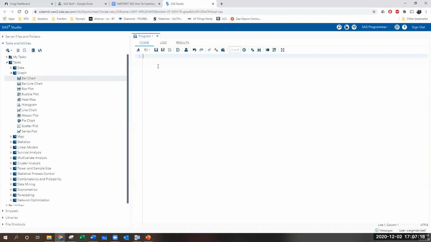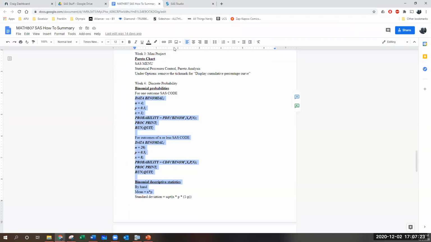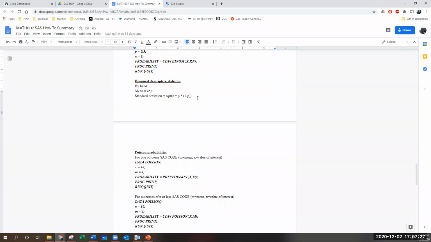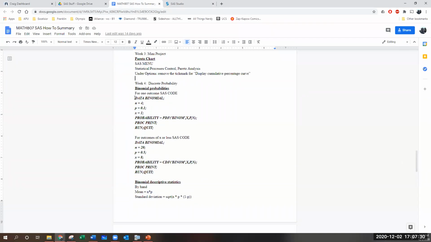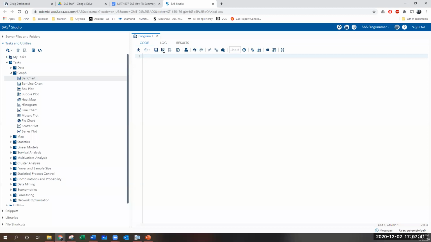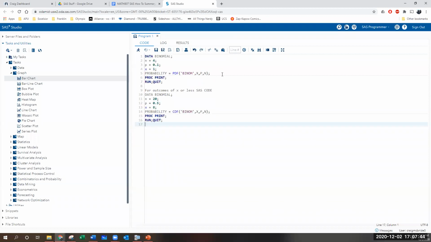So here's a nice fresh code screen. Then if you open up our SAS document and go to this, all you have to do is highlight all of the code, which is the stuff in bold right here that starts at data binomial and ends down here. I just do Control C and put it in here, Control V, and there's my code. Now if I want to run a binomial, all I have to do is change these numbers.